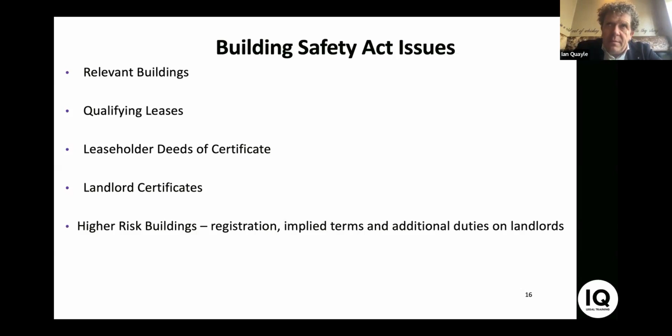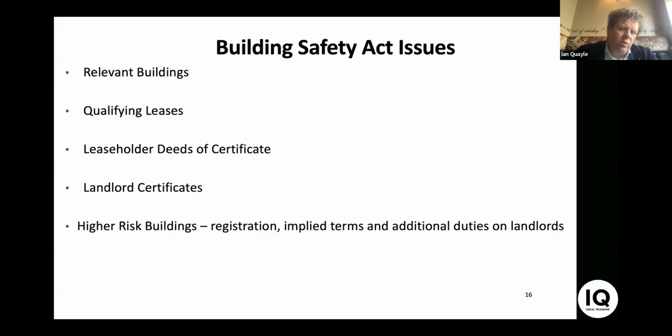Higher risk buildings, namely buildings that are more than 18 meters in height, impose a number of additional burdens on landlords. Firstly, the need for the building to be registered with the building safety regulator by the end of this month. Secondly, there are now terms implied into leases that are of dwellings within higher risk buildings.